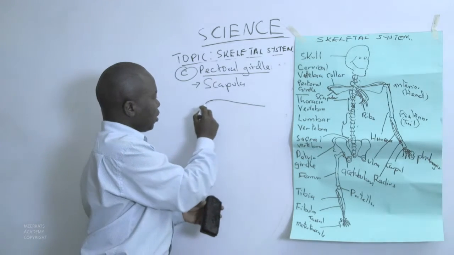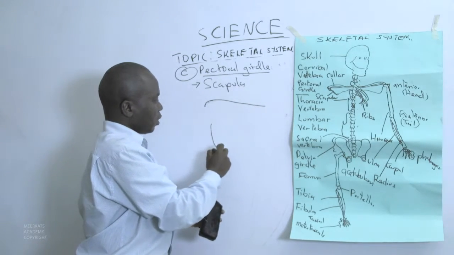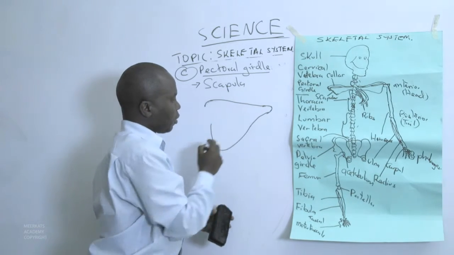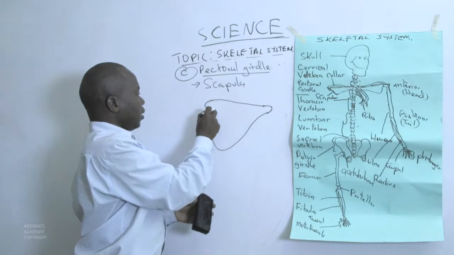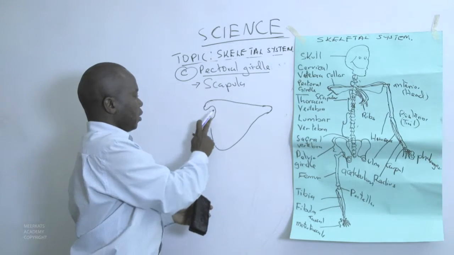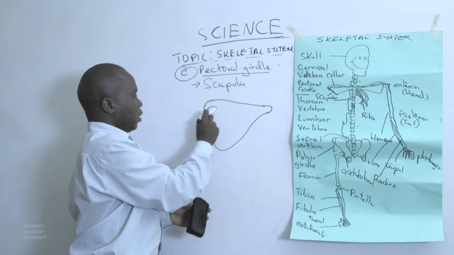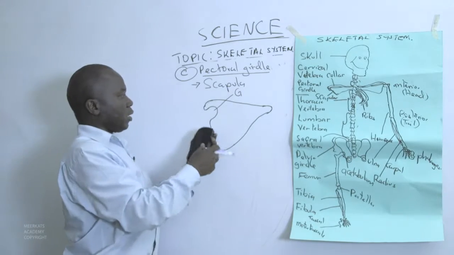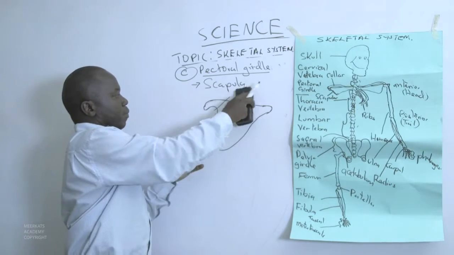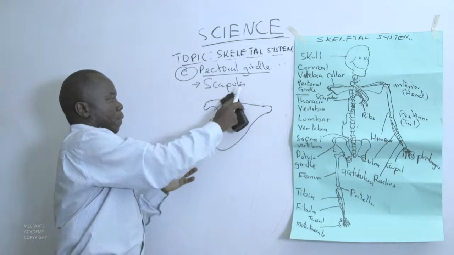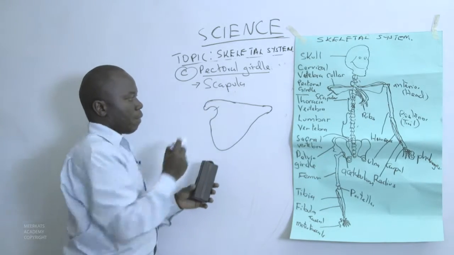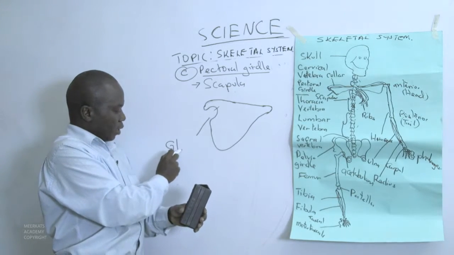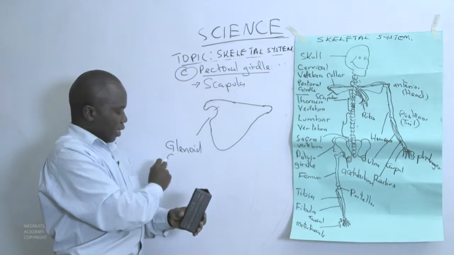As it approaches the body, it reduces in surface area, and then at that point there is a cavity. That cavity is called glenoid cavity.